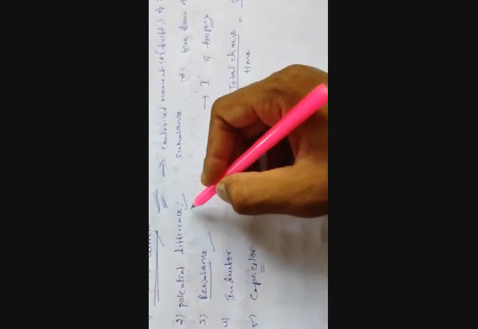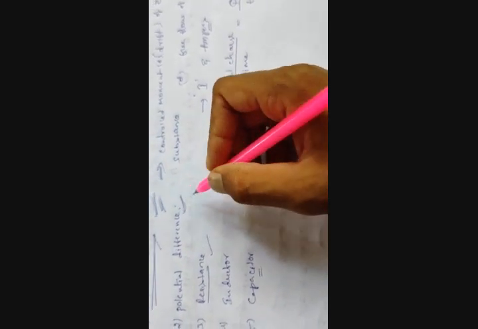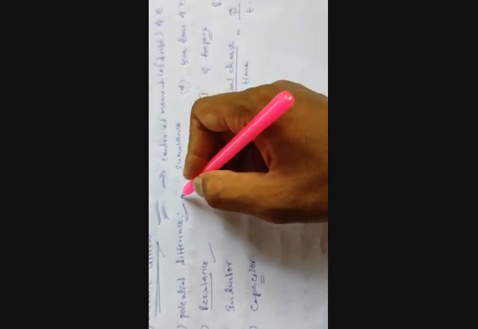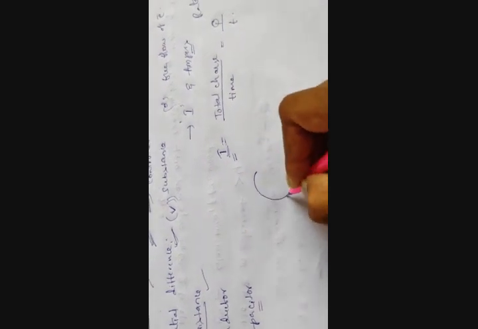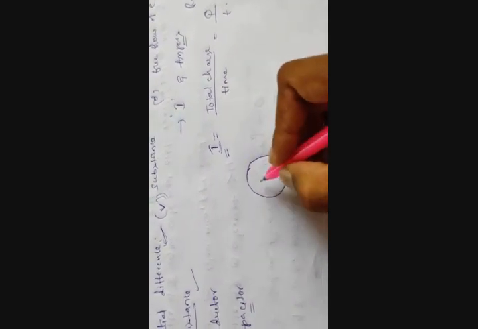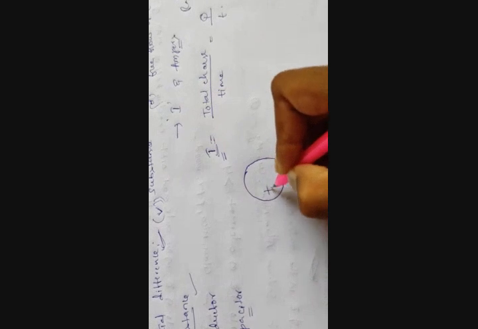And the second one is potential difference, which we can also call voltage. Let us take an example. Consider a charged body having plus 10 volts, and a second body having plus 5 volts.